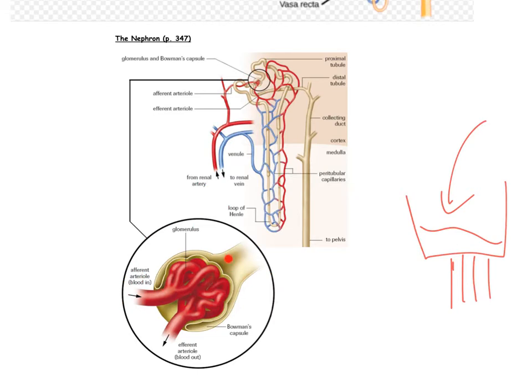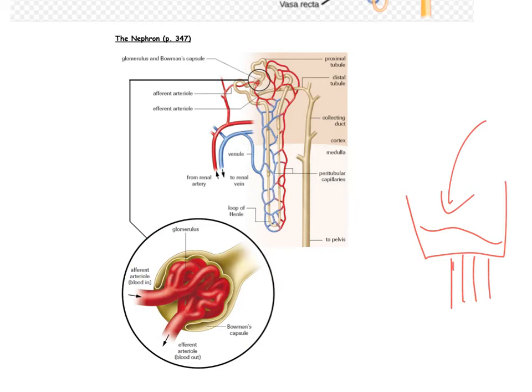So some materials are going to move into the nephron, while others are just too large to pass through the walls of that capillary network. They're going to exit and return to the bloodstream by way of the efferent arteriole. So afferent is ingoing, efferent is outgoing. Okay, so that's the glomerulus.